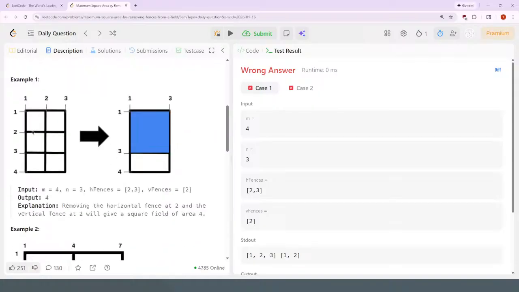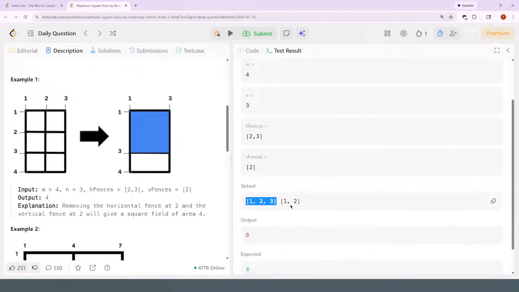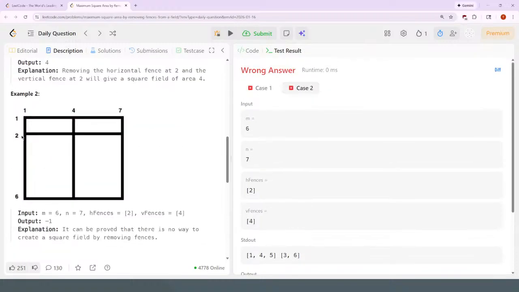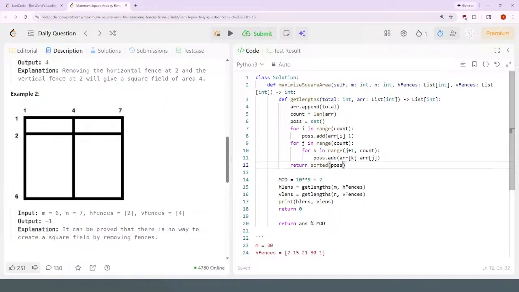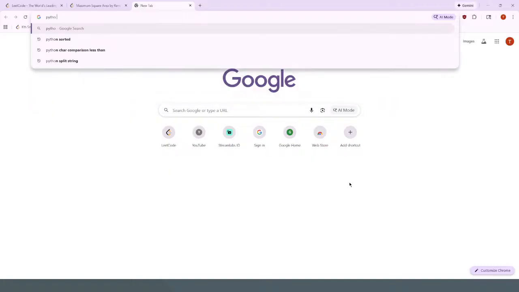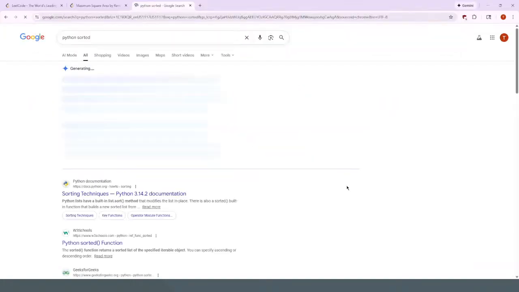Okay, so horizontally here it should be 1, 2, and 3 are possible heights, and 1, 2 are possible widths. Okay, here it should be 1, 4, and 5, and 3, 6. So it looks fine. I think I maybe want this to be sorted in reverse. Is there a parameter for reverse equals true here?